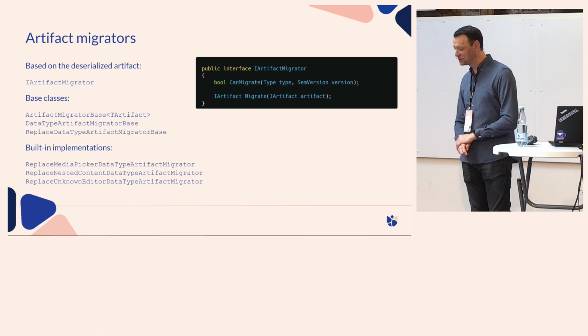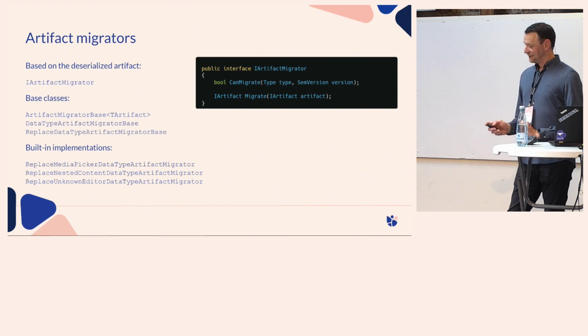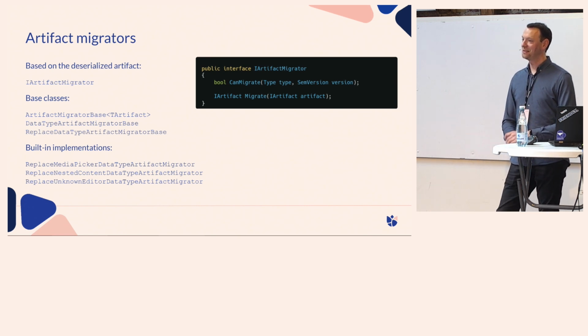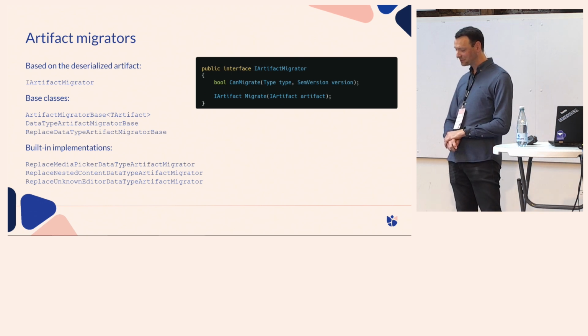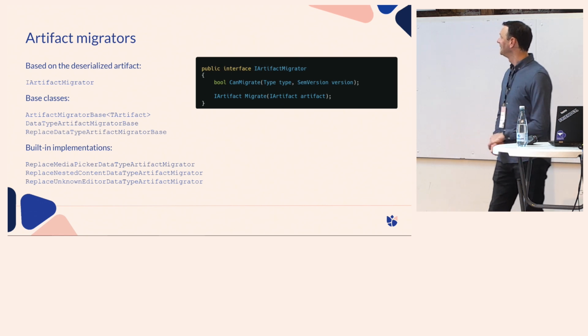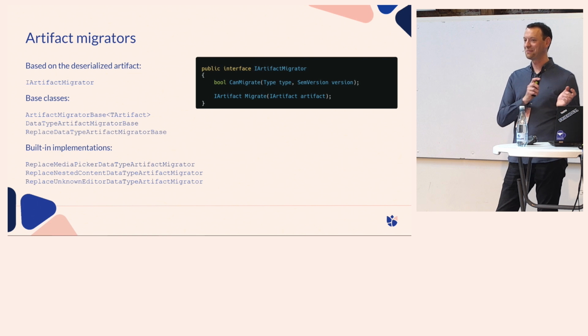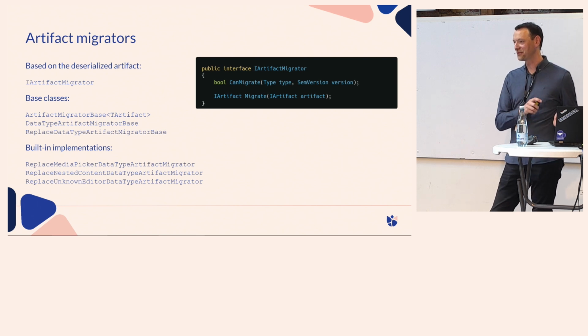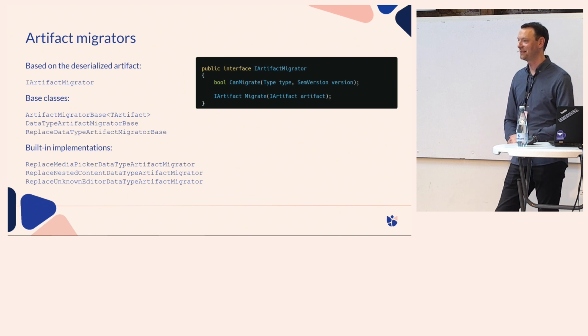Then there's also two additional base classes, one for just the data type artifact, and that allows you to specify the property editor of a data type that you want to migrate, and also a replace data type artifact migrator that allows you to specify both the editor alias that you want to migrate from and the one that you want to move into.